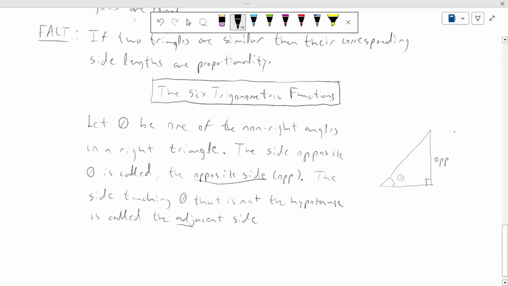And all adjacent means is that it's next to it, right? So I'll do ADJ as an abbreviation for that. Okay. There's your adjacent side right there. We already know the hypotenuse, so I'll just use HYP for hypotenuse. Okay. So there's the setup for us. Might as well call this a definition. Okay.